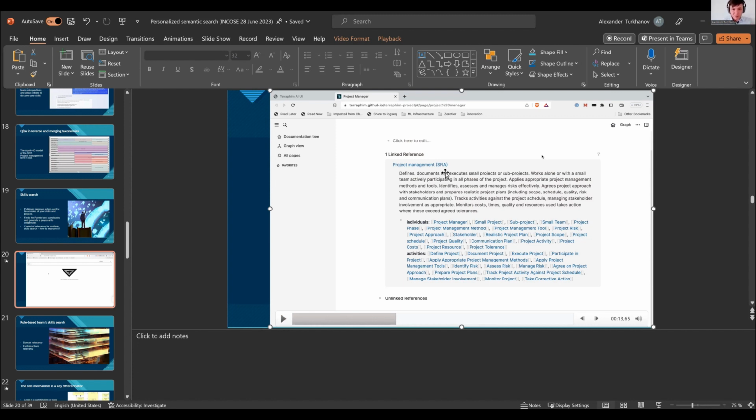For now, for the demo, we use Logseq. This is open software that allows you to manage your personal notes. It's very intuitive, very easy to run, and it provides a very good JSON export of the knowledge graph that we can directly import.